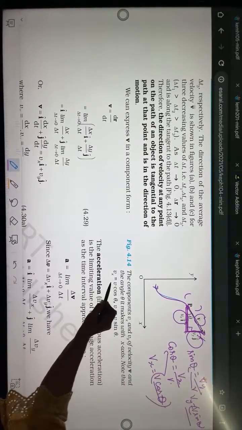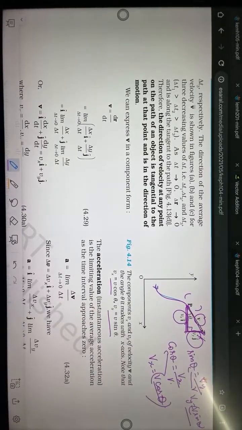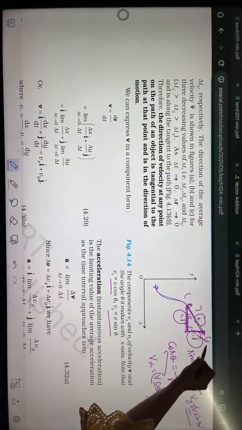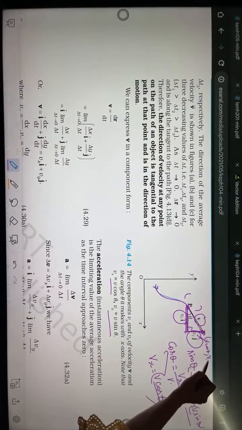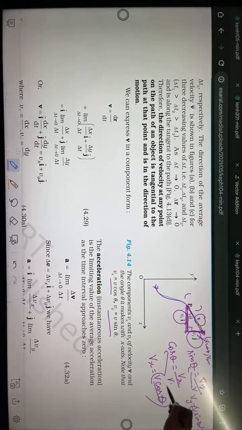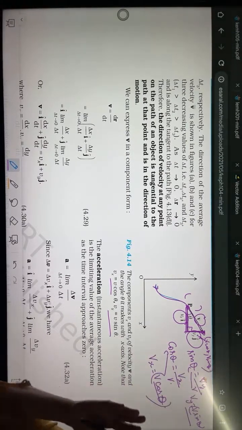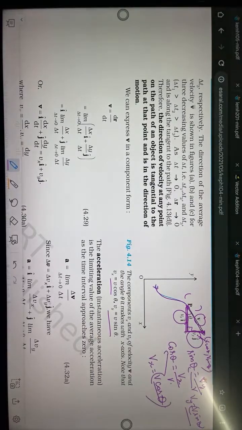The particle's point is V cos theta comma V sin theta. It is traveling like this. To locate the point, you take the X component and Y component. How can you plot a graph? X comma Y points, right?